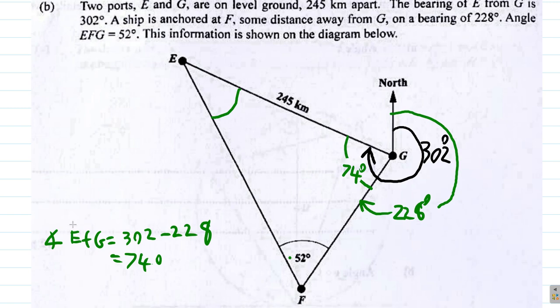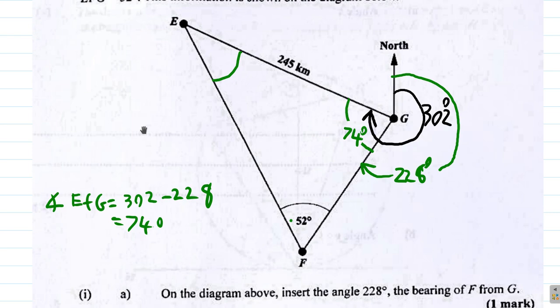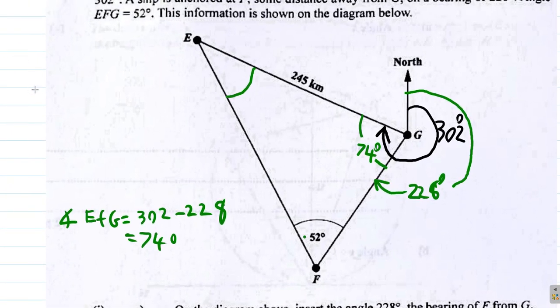Now you need this. So you know what to do now. You know that everything adds up to 180, so you take 52 away from the 180 and you take off 74 from the 180. What you have left is equal to FEG, alright?